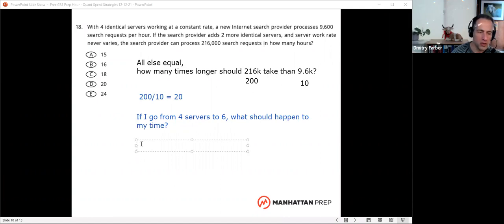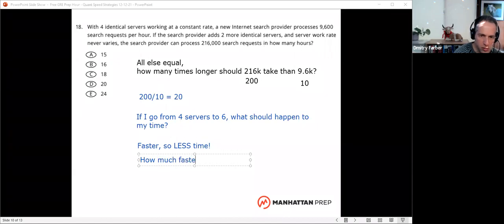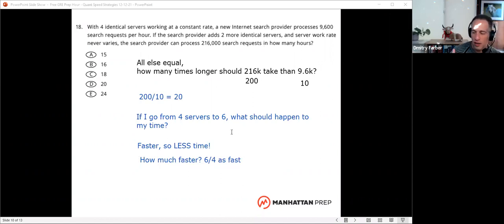If I go from 4 servers to 6, I'm faster, so less time. How much faster? We can really do this with the numbers. We can just say 6/4 as fast. We're dividing by the 4 servers to find the rate for 1 and multiplying by 6 servers to find the rate for 6. So how much time, not how much less time, but how much time for 6 as much time.